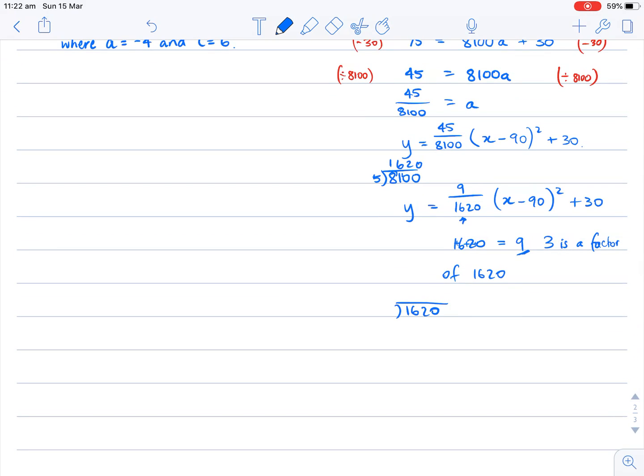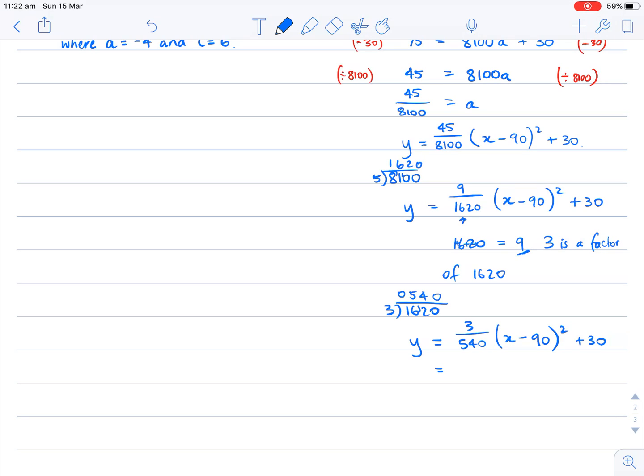So now I can do 1620 divided by 3, which is 540. And then y equals 3 over 540 bracket x minus 90 squared plus 30.